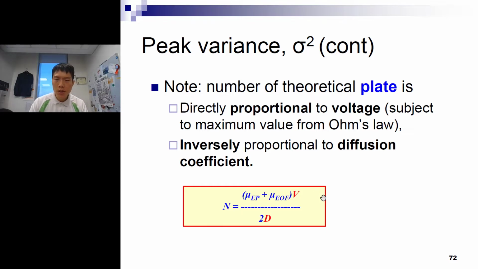So in conclusion, you can see that the theoretical number of plates is directly proportional to the voltage, how much you apply. Okay, of course, remember, you must fit into the Ohm's law. Once it deviates after the maximum value, it doesn't apply. No more such assumption. And the number of plates is inversely proportional to the diffusion coefficient. Okay.